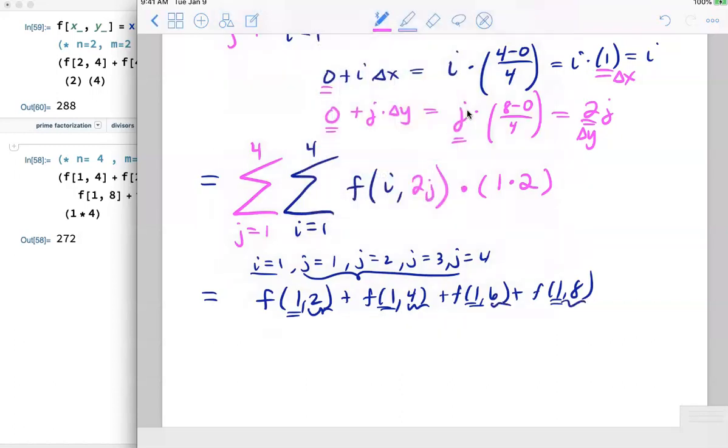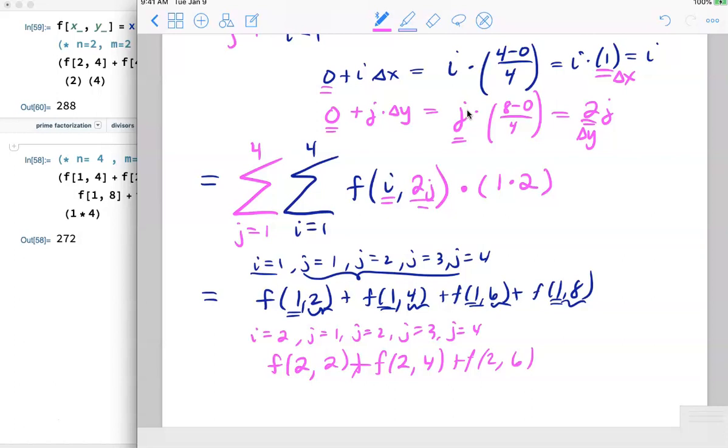And then when you get to i is equal to 2, you'd have the function evaluated at 2, and then j would go from 1 to 2 to 3 to 4 again, and you would get the 2, the 4, the 6, and the 8.